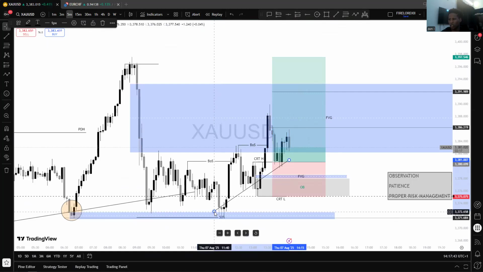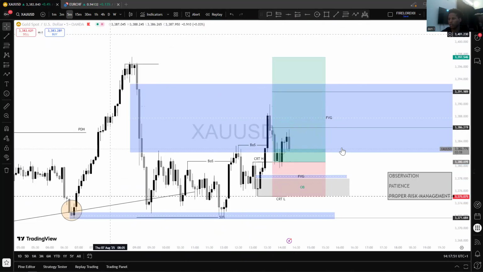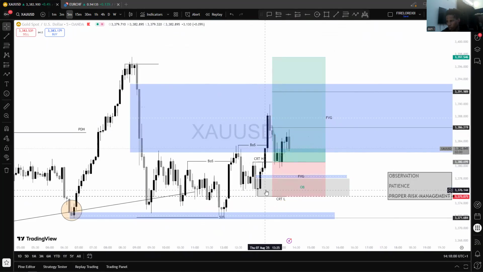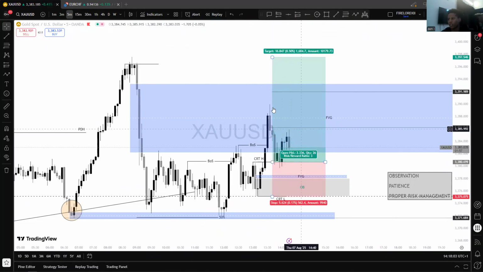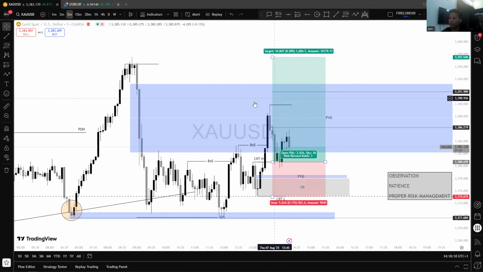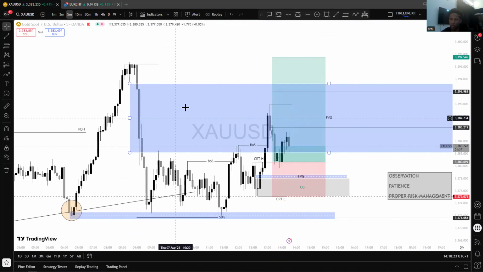Probably witnessing the birth of a new trend-ish. Market structure shift, break of structure, pull back. So at least a break of this structure, a sweep of this high before we start to panic. But let us not forget that this scary fair value gap is still very active.